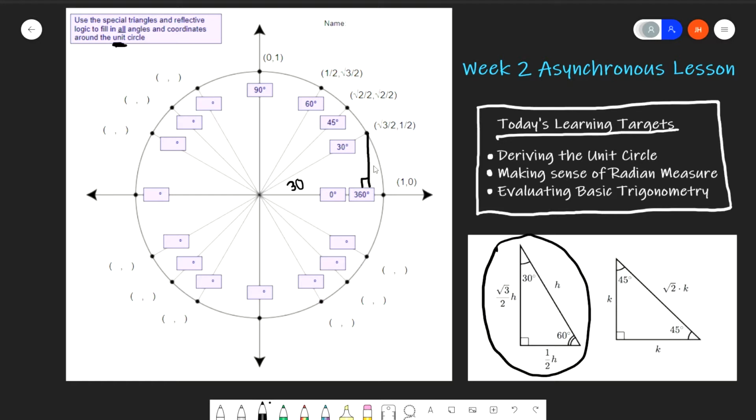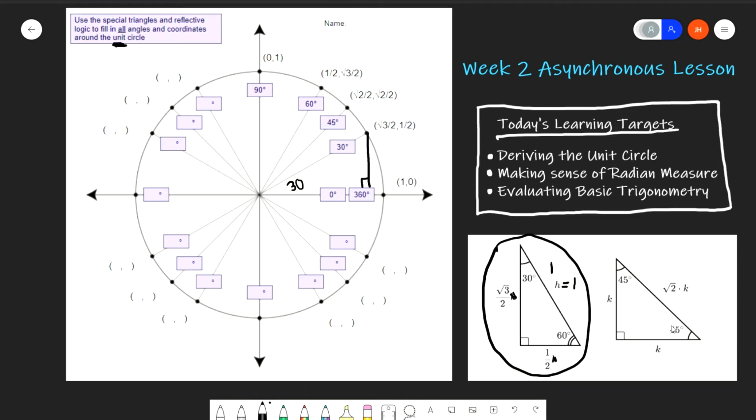It's called the unit circle because the radius of this circle is 1 unit. Notice how the coordinates on the axes are at (1, 0) and (0, 1). So essentially h here is equal to 1. That means that the hypotenuse of my 30, 60, 90 triangle within this circle is 1, and those side lengths are root 3 over 2 and 1/2.